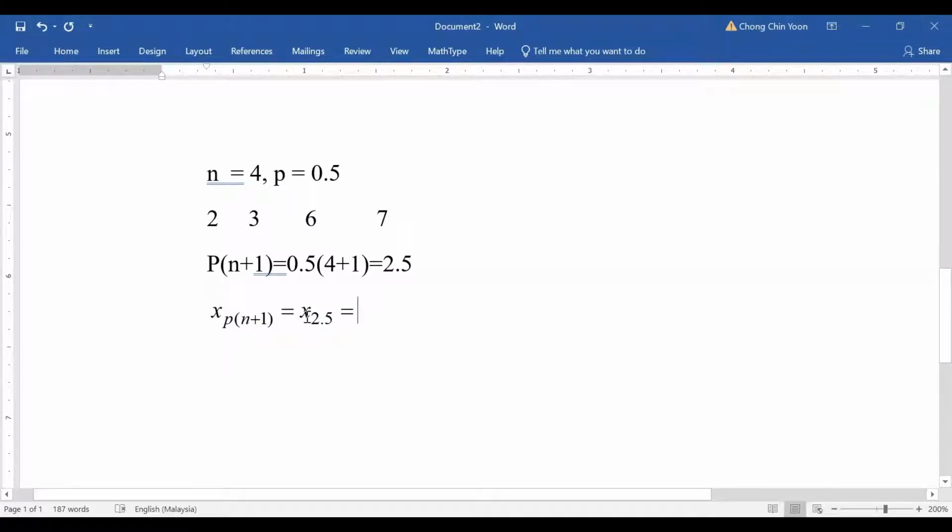That means x, what is the observation at 2.5? 2 is my x1, 3 is my x2, and this is my x3. So where is my x2.5? My x2.5 actually is the midpoint between 3 and 6, right? 2.5, that is here. So this one actually is the average.